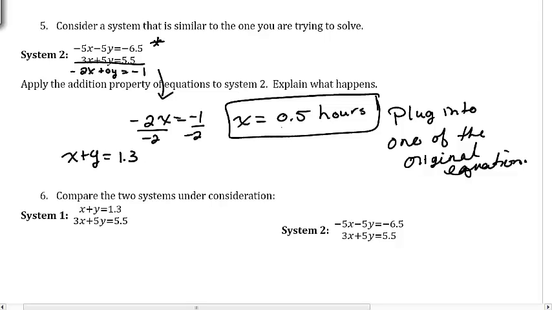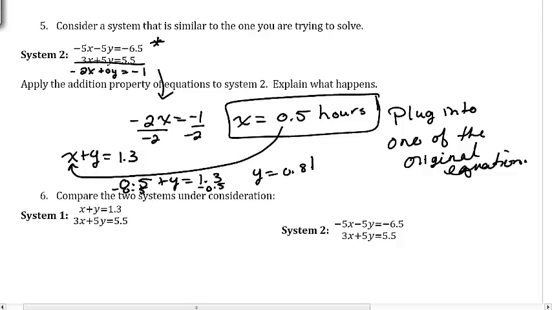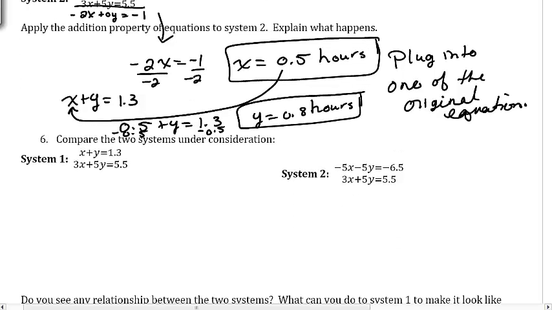So we would take the 0.5 hours and plug it in for x. That would be 0.5 plus y equals 1.3, and then you subtract 0.5 from both sides, and you get y is equal to 0.8. Okay, so we get the same solution that we got before.